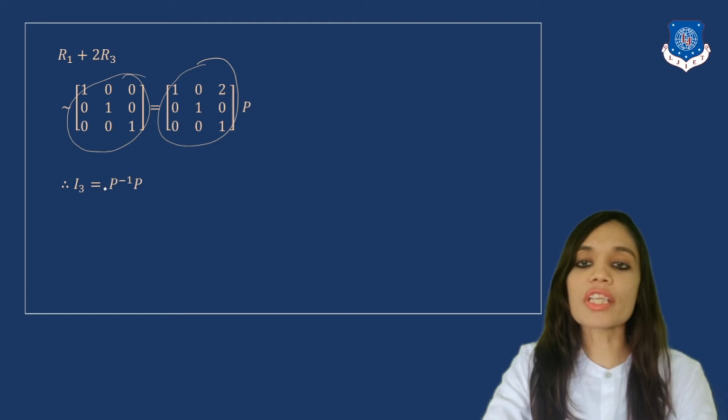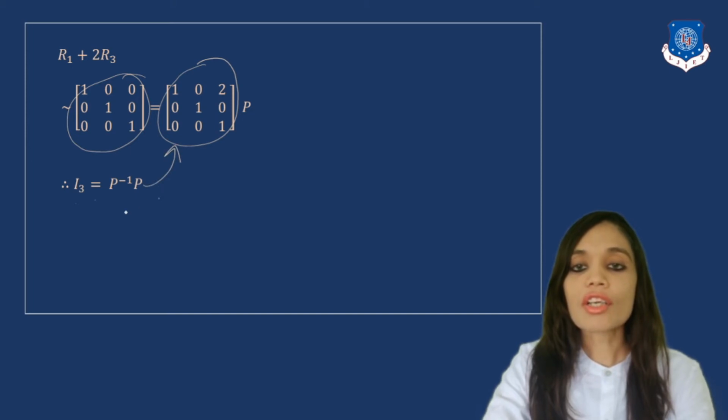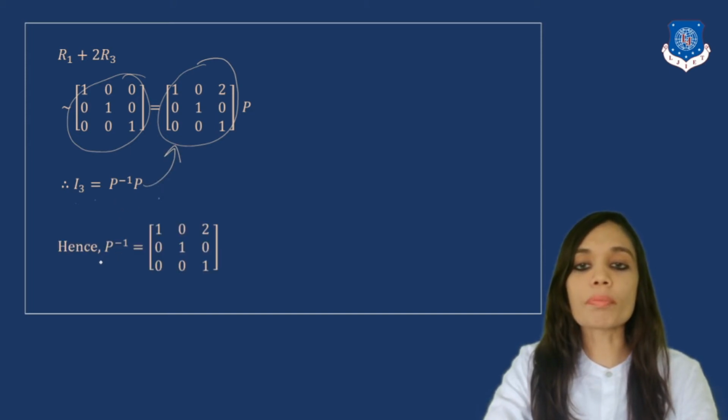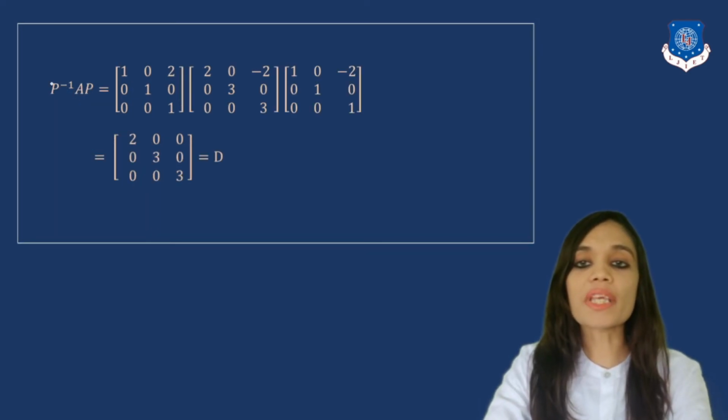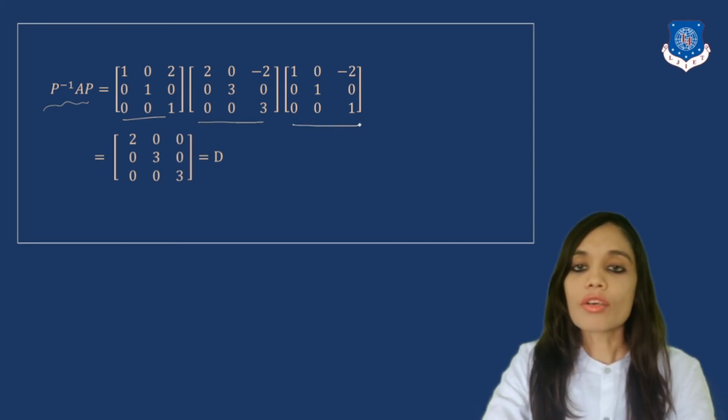So here you have formed the identity matrix, and here you have obtained the new matrix. From this we can write I3 equals P inverse P. Comparing with this, we get the answer of P inverse as 1, 0, 2, 0, 1, 0, 0, 0, 1. Now let us find P inverse AP. Put the values of P inverse, matrix A and P, and multiply these three matrices.